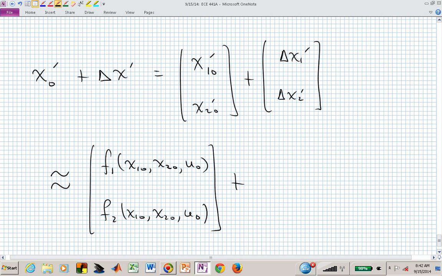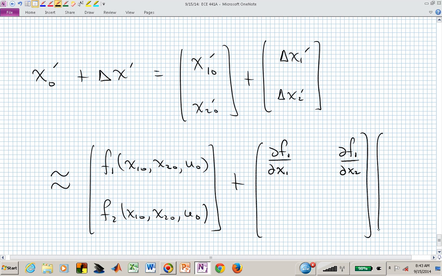Partial of f1 with respect to x2 will be scaled by delta x sub 2. Now, how do we put that into a matrix? Now we have the partial of f1 with respect to x1, and we have the partial of f1 with respect to x2, and those are going to be scaled by delta x1 and delta x2.